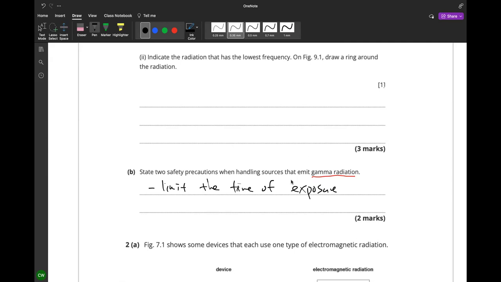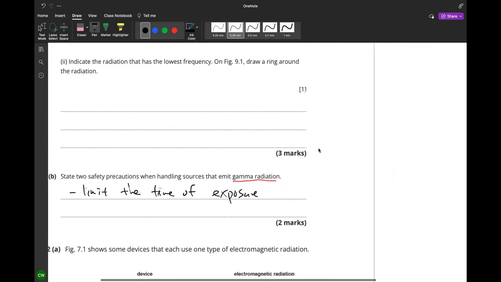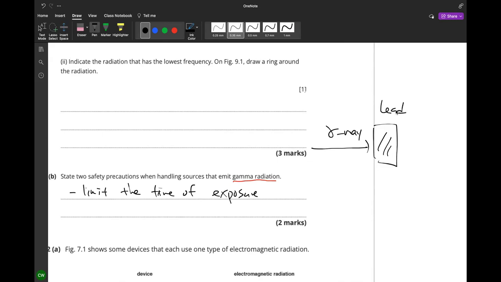The other one is, how do we handle this thing? Gamma ray is dangerous. So gamma ray will be blocked by lead. It can be blocked by lead. That means you need to make sure that it's properly stored.